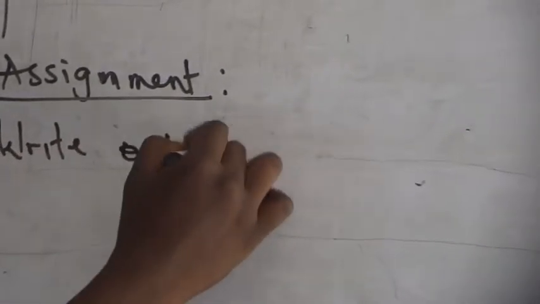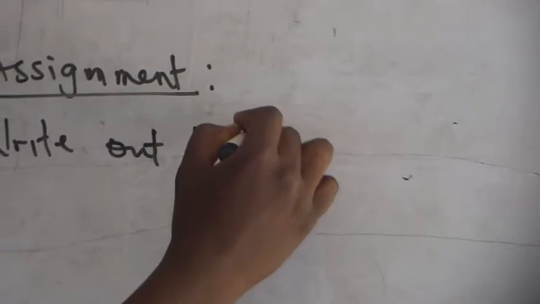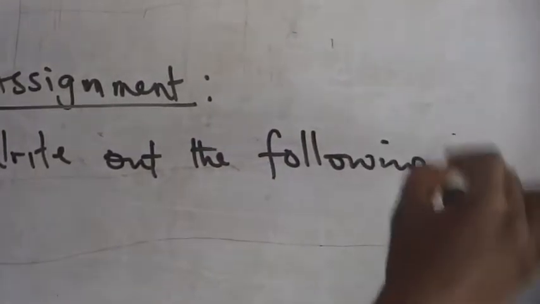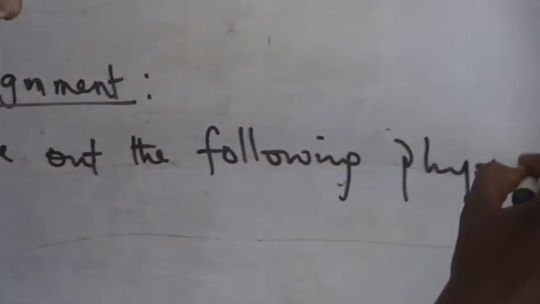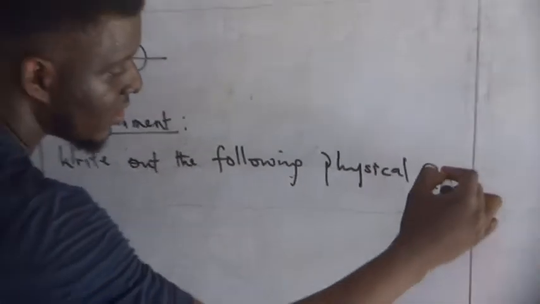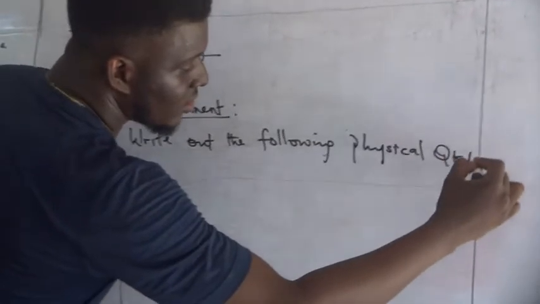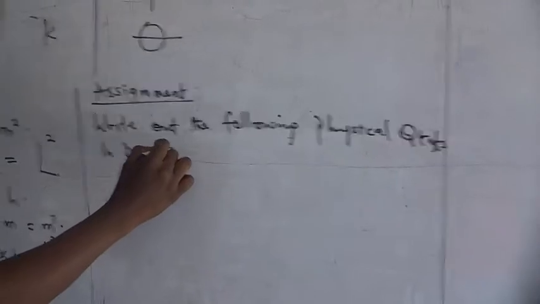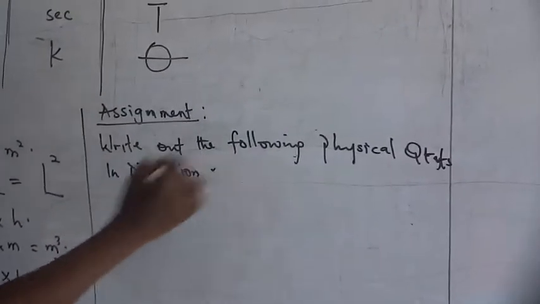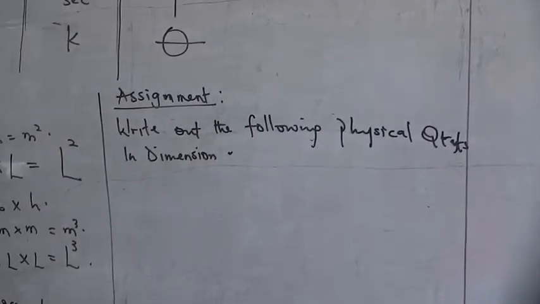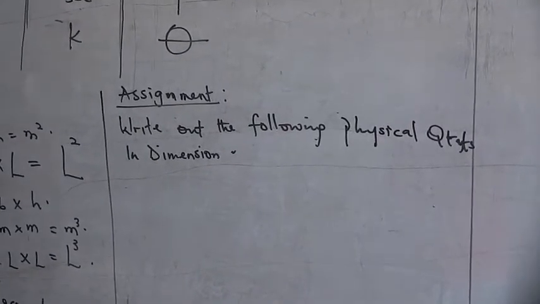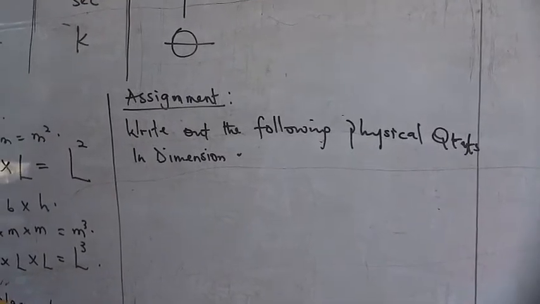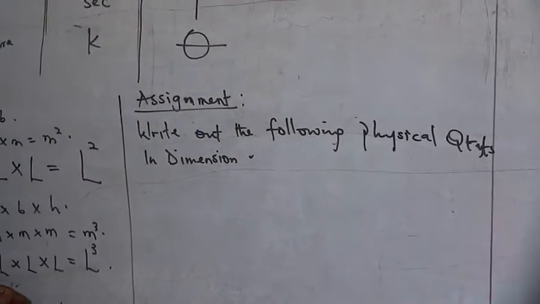Write out the following physical quantities in dimension. For those of you that may be finding it very difficult to see my handwriting, you can actually follow what I'm saying too. So write out the following physical quantities in dimension.